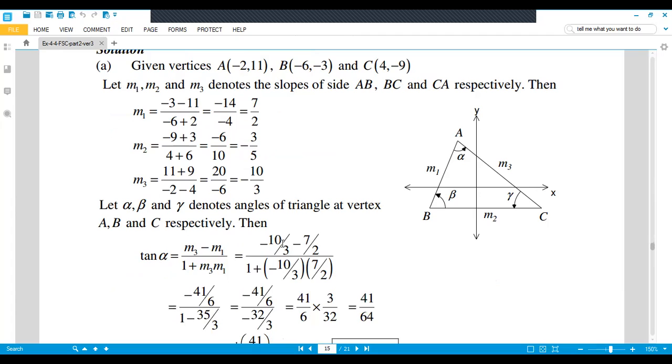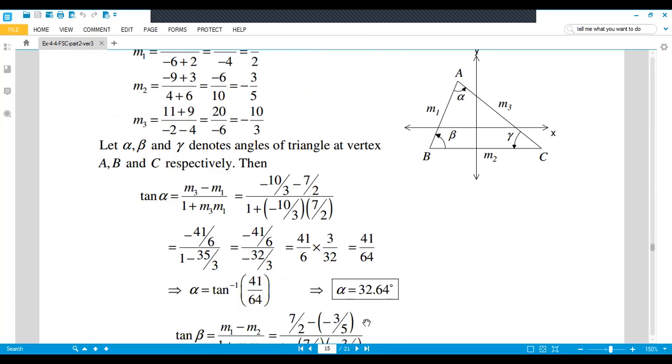Now we simplify it. Minus 10 over 3 minus 7 over 2, we get minus 41 over 6. Similarly, 1 minus 35 over 3 is minus 32 over 3. So 41 over 6, the reciprocal of minus 32 over 3 is 3 over 32, minus minus cancel with each other. So we get 41 over 64.